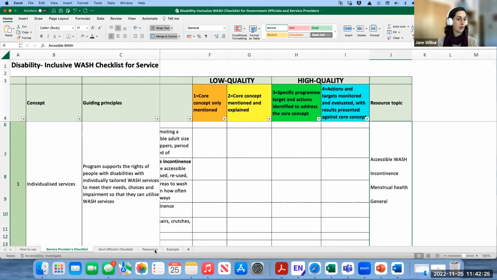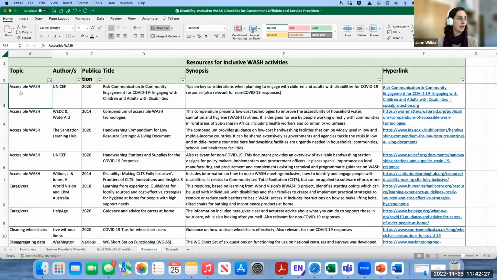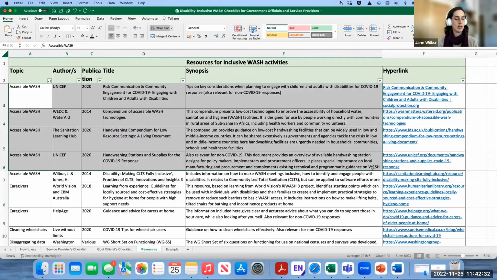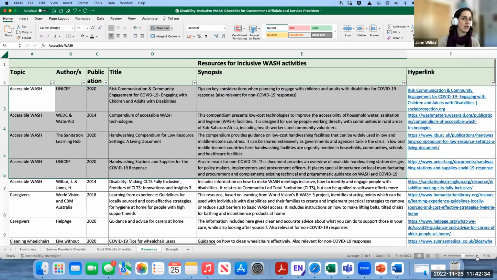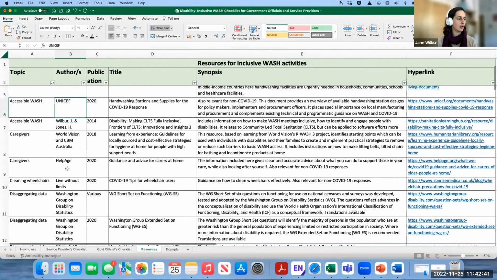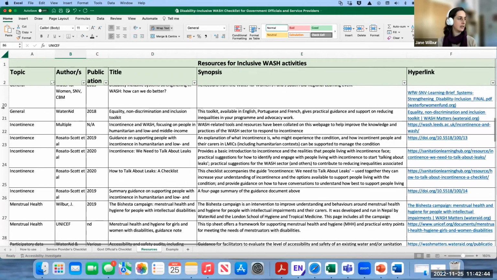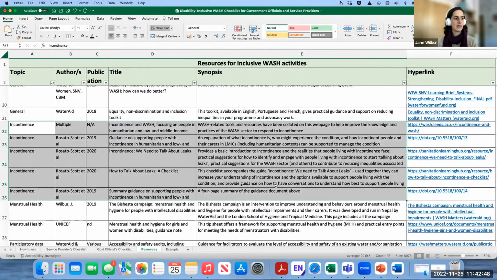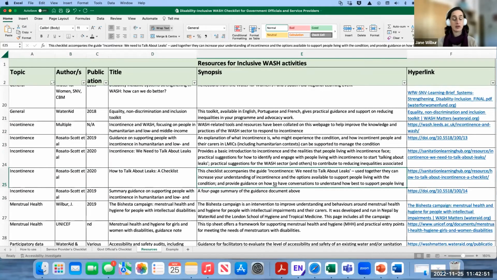So then you go to accessible WASH and you have all these resources that will help you work towards achieving individualised services. Similarly, for incontinence, down here, there's quite a few resources related to that. Now, this resource list is not exhaustive, so there are always going to be more guidance that can be added, and we can do that.